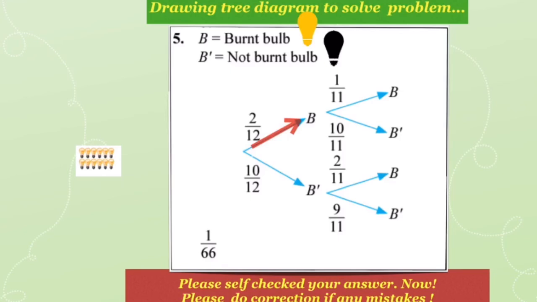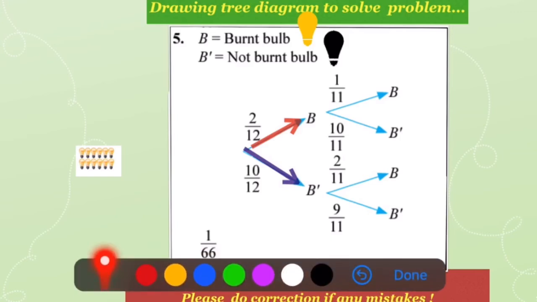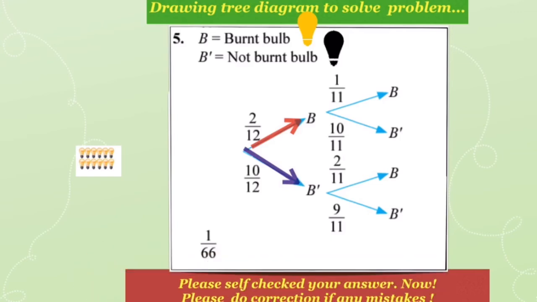The not burnt bulb would be 1 minus 2 over 12, which is 10 over 12. Then for the second bulb, for the burnt bulb to be chosen is 1 over 11, and for the not burnt bulb is still 10 but over 11.